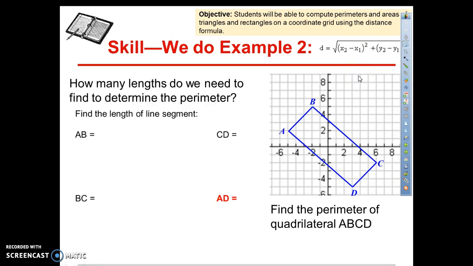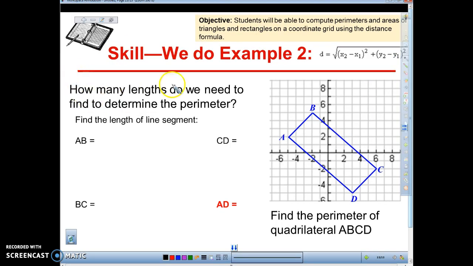For example 2, we're just going to look at a rectangle. Same idea here. In order to calculate the area and the perimeter, I just need to calculate these distances. The cool thing about a rectangle is that its length is congruent to itself on the other side.